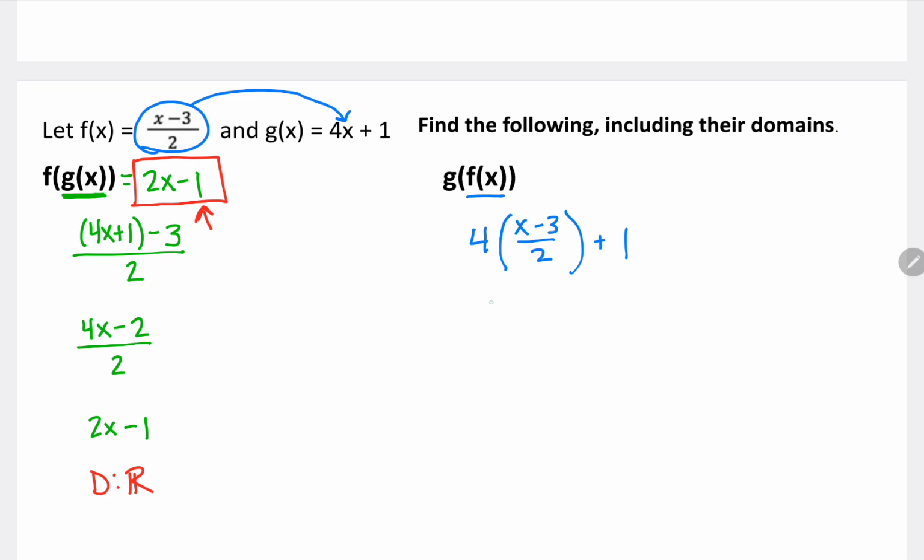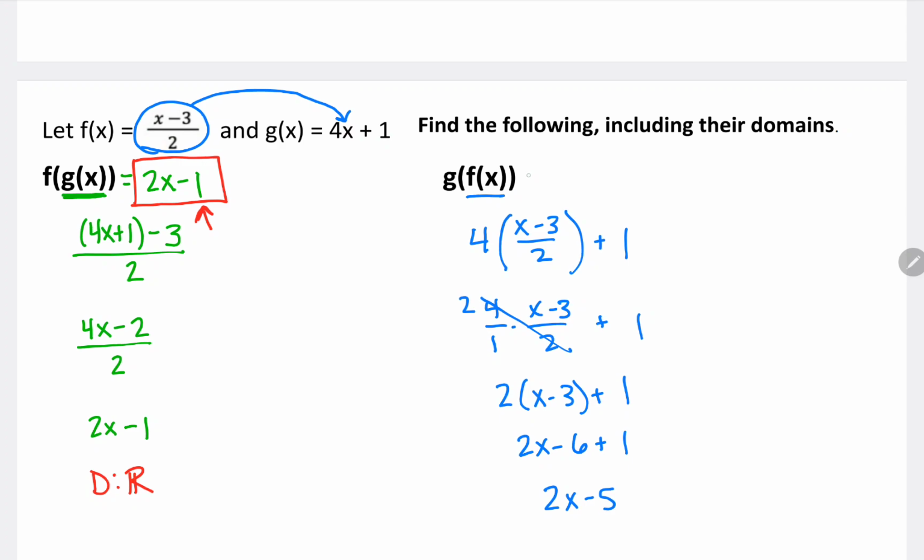Well, when we multiply 4 times x minus 3 over 2, we get 2 times x minus 3 plus 1, or 2x minus 6 plus 1, or 2x minus 5. So when we plug f into g, we get 2x minus 5.